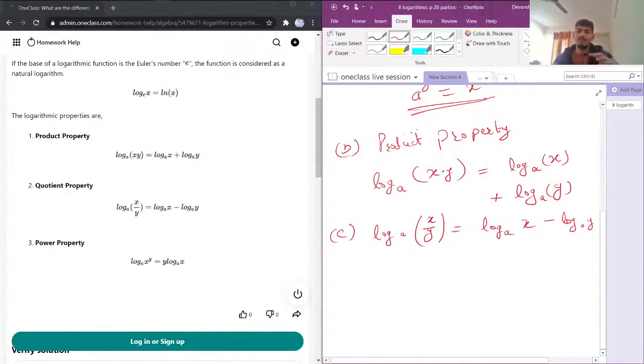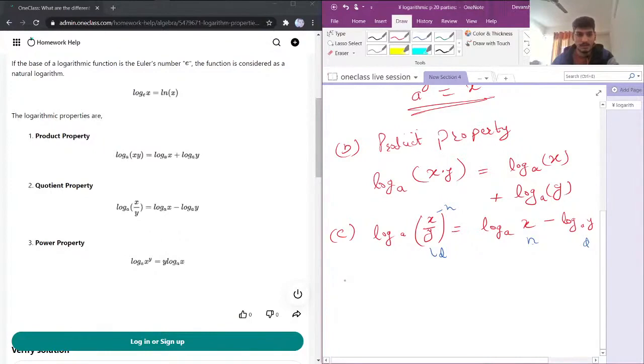Whenever we have two numbers and log is operated on those two numbers, and those two numbers are divided with each other, then we can use this quotient property. So this is my numerator and this is my denominator. So log of numerator with base a minus log of denominator with base a.